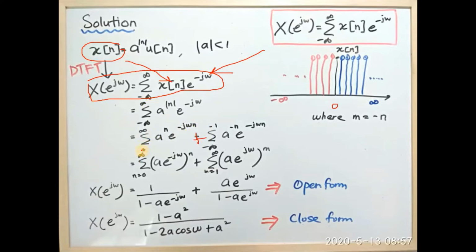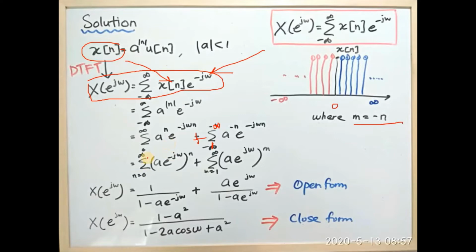So the summation from 0 to infinity of a^n e^(-jωn), plus, sorry, this is reversed, so from minus infinity to minus 1 of a^(-n) e^(-jωn). For the second term we are going to change the variable, so let's say m equal to minus n.